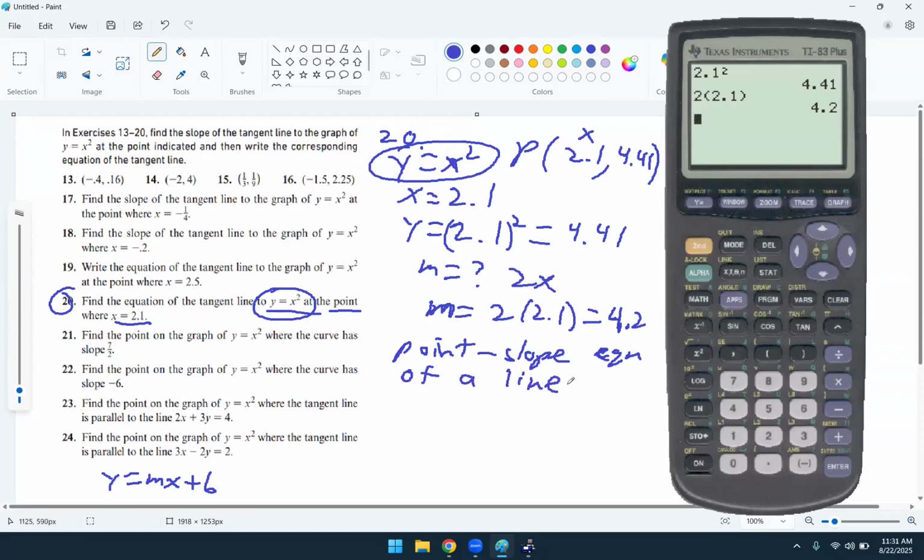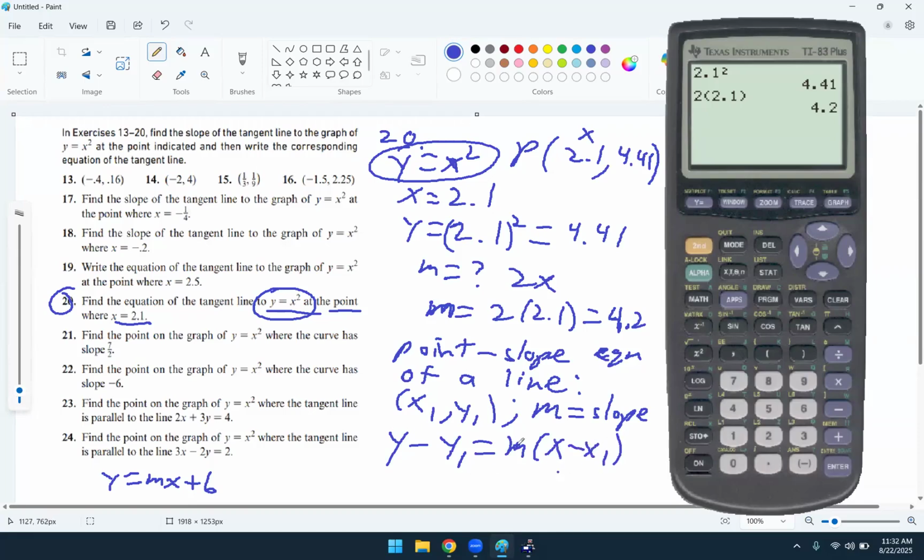If you're given a point x1, y1, and the slope of the line m, then the point slope equation is y minus y1 equal to m times x minus x1. And this is the point slope formula.